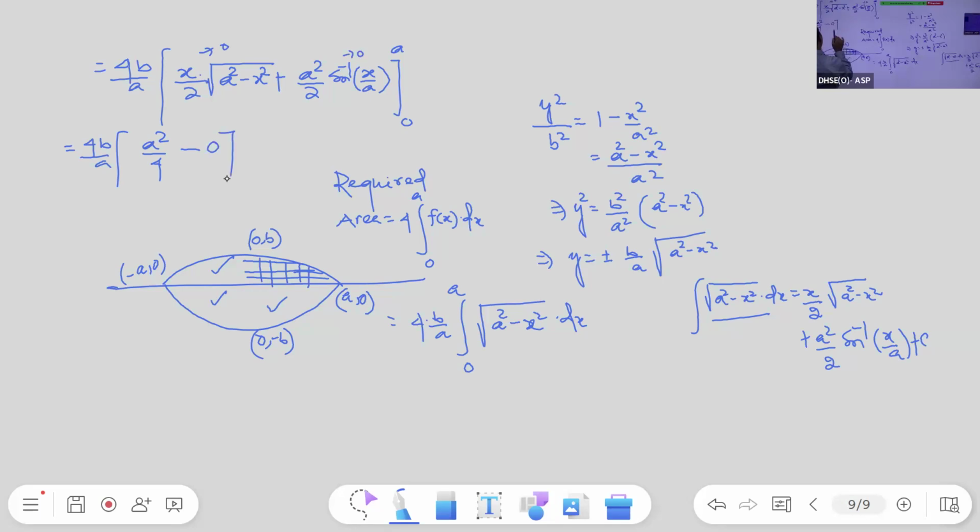So the value is equal to pi AB. So required area is equal to pi AB. Got it? So the area of the ellipse x square upon a square plus y square upon b square is equal to 1 is pi AB.